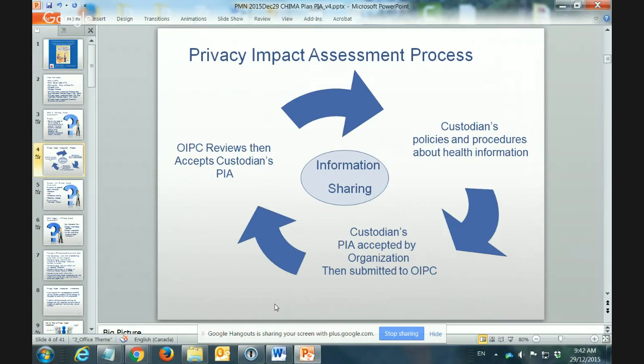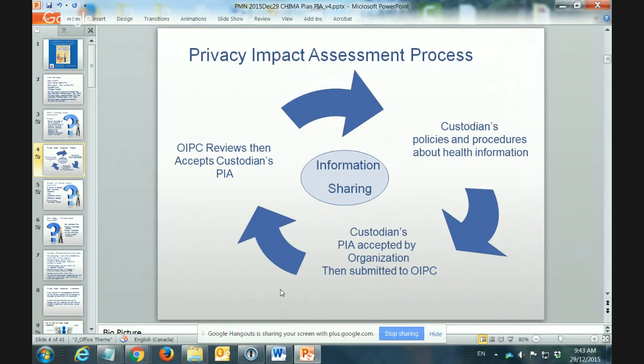So I'd like to pause for just a moment and ask you who in the group here has completed a privacy impact assessment. Enter 1 if you've never done a privacy impact assessment. Enter 2 if you have not done a PIA but expect that you will do one in the foreseeable future.